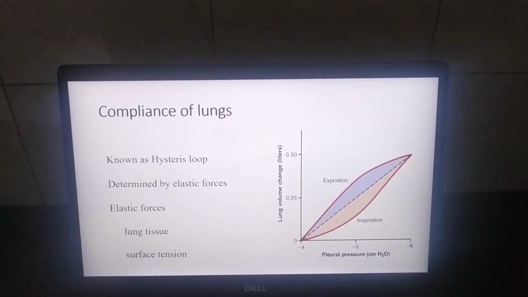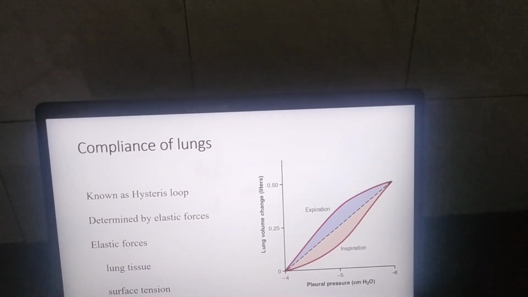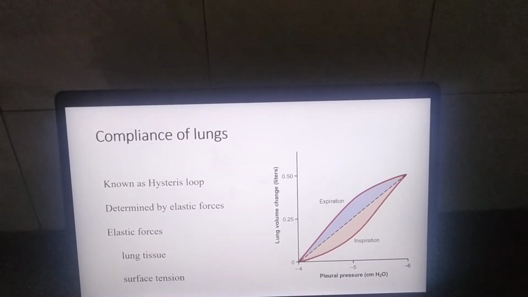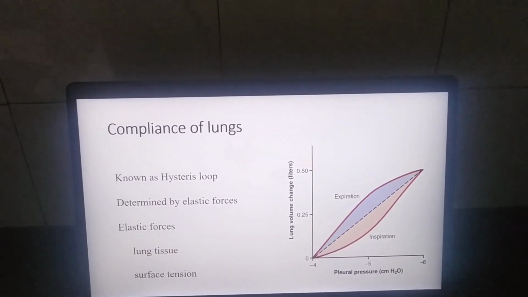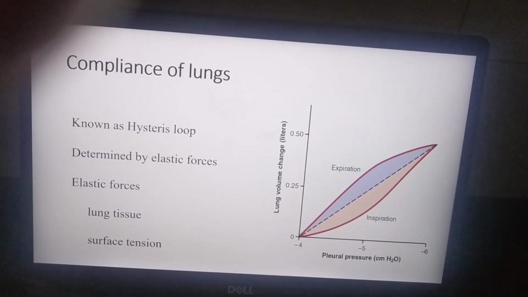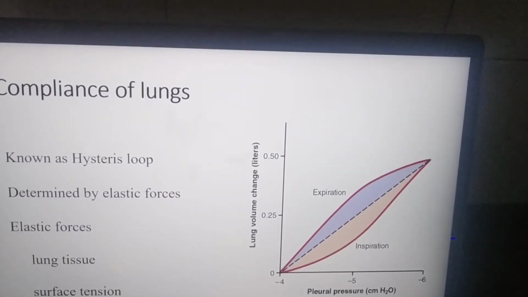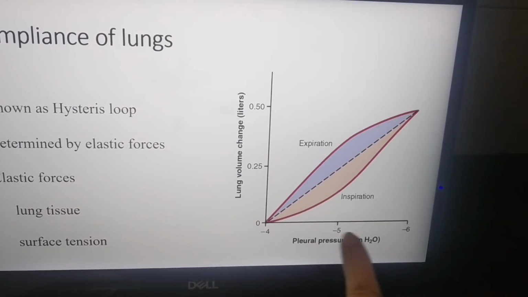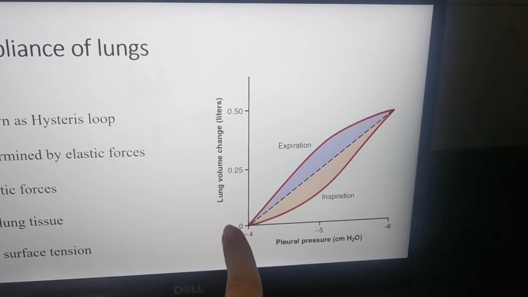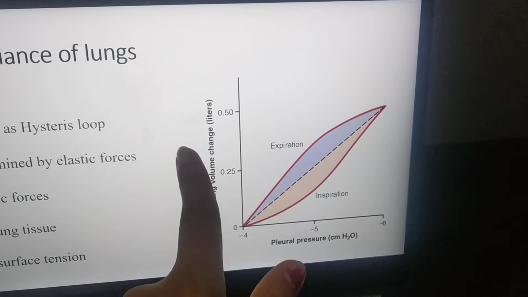So this is the diagram showing the compliance loop. In this diagram, this is the horizontal axis, which represents the pressure changes, and this is the vertical axis, which represents the changes in volume, with pressure in centimeters of water and volume in liters.